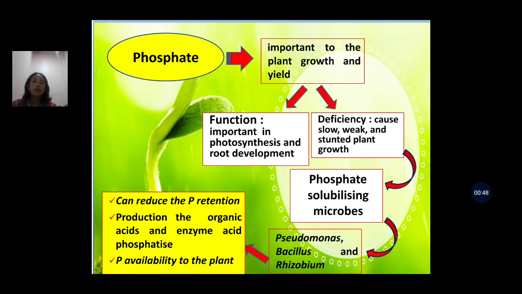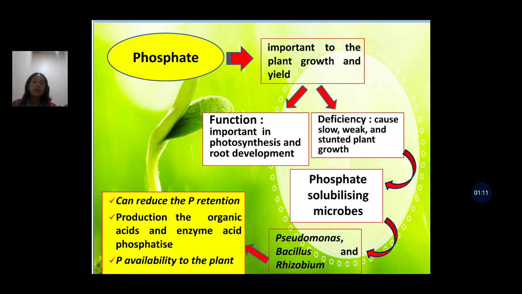The phosphate function is important in photosynthesis and root development, and deficiency of phosphate causes slow, weak, and stunted plant growth. The availability of P in andisol can be improved by applying phosphate solubilizing microbes and organic fertilizer.